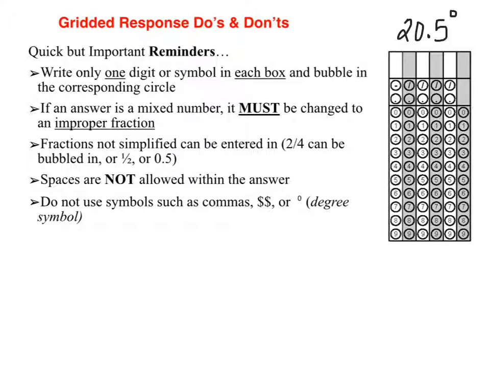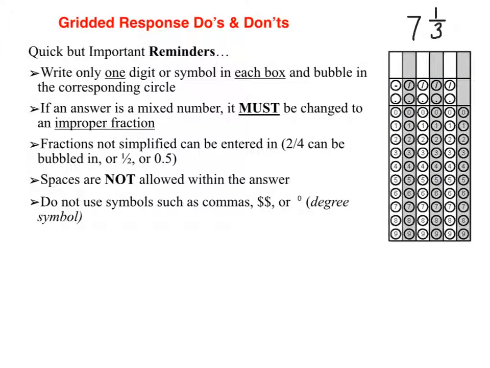Okay, so in your grid, the first box should be 2, second 0, decimal, 5. Remember, we don't do anything with this degree symbol in our grid. So then I'll color in the 2, the 0, the decimal, and the 5.